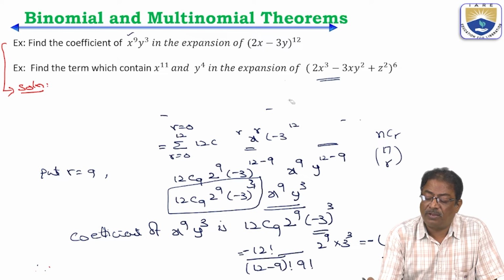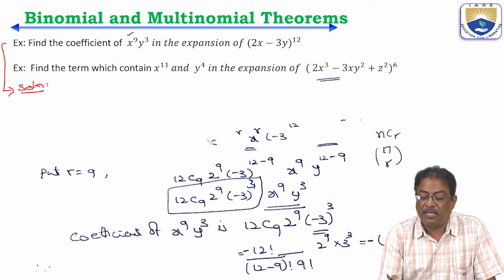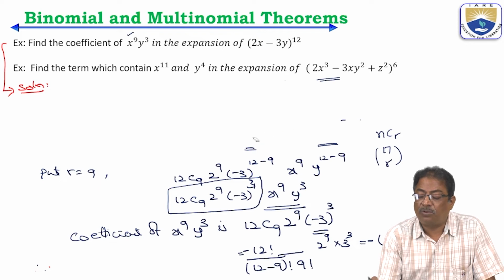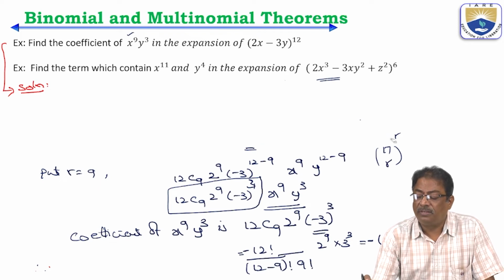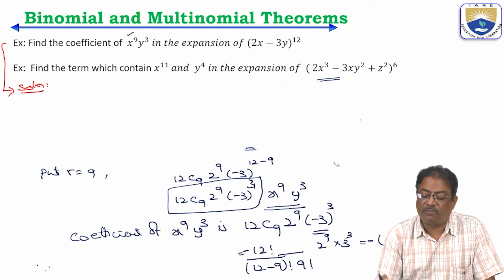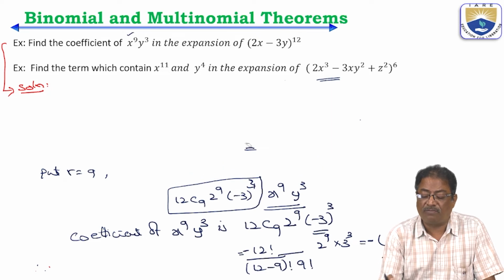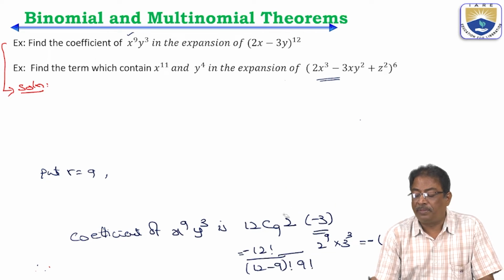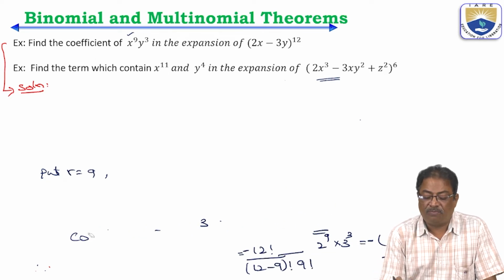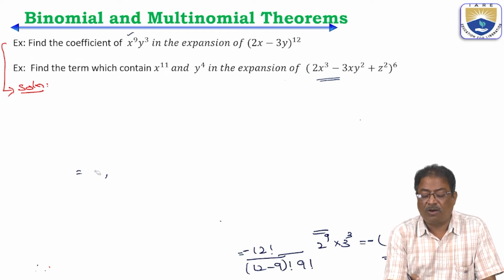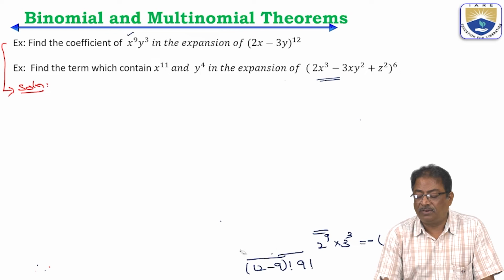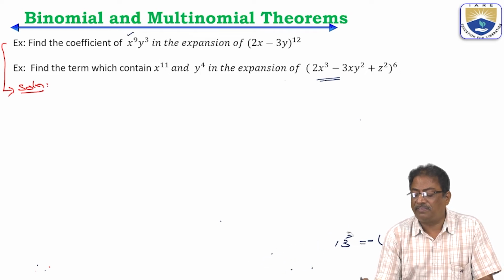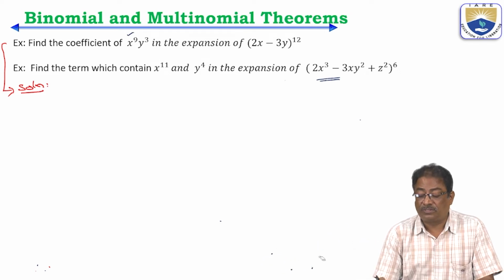Because while we are going to consider the multinomial, in that multinomial I am going to consider the coefficient of x1 to the power of n1, x2 to the power of n2 and so on. It will become n factorial by n1 factorial, n2 factorial and so on, nt factorial, which we already discussed. Based on that, we are going to solve the second one.